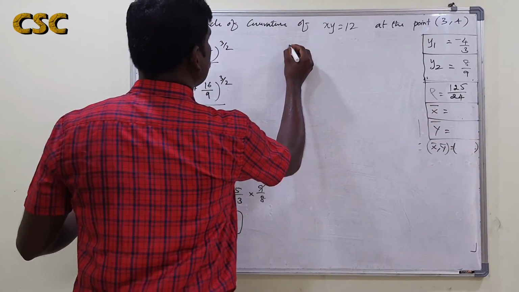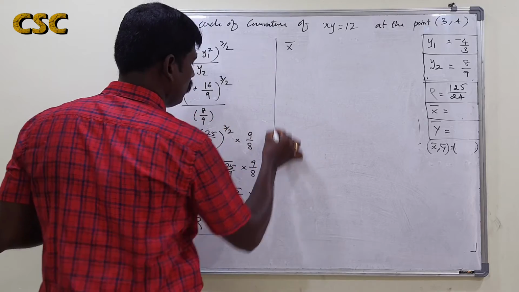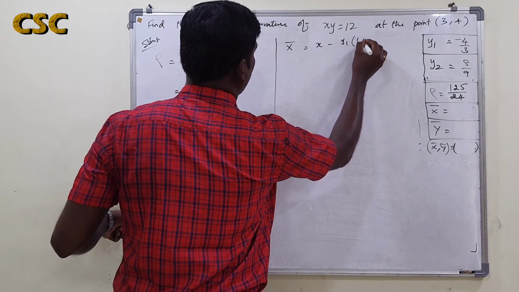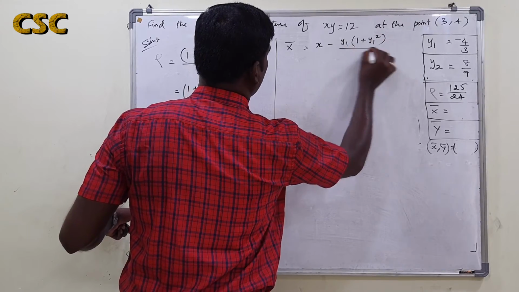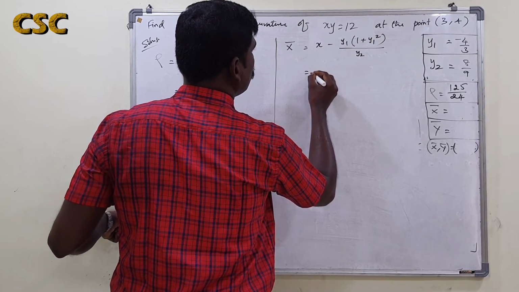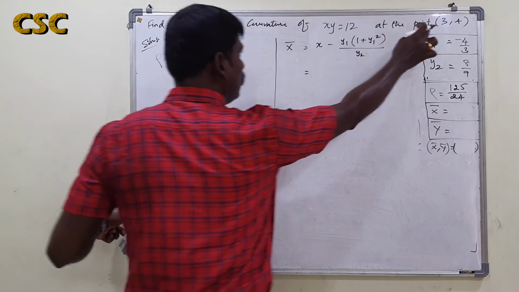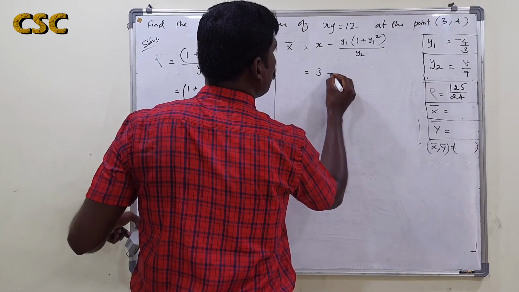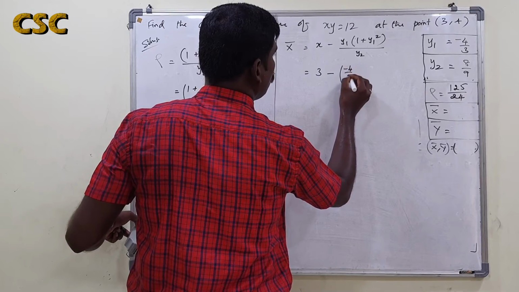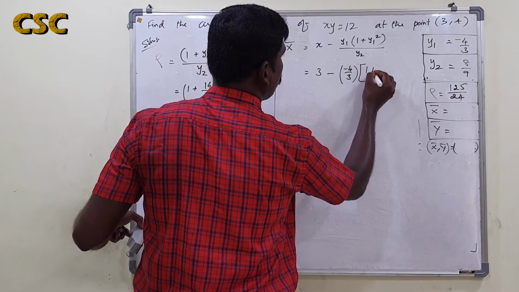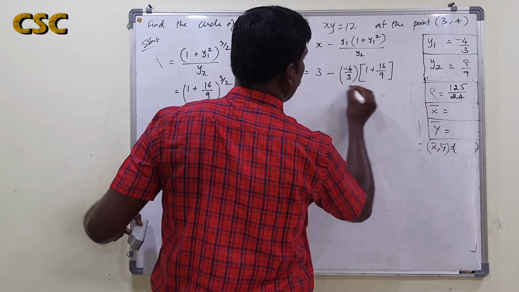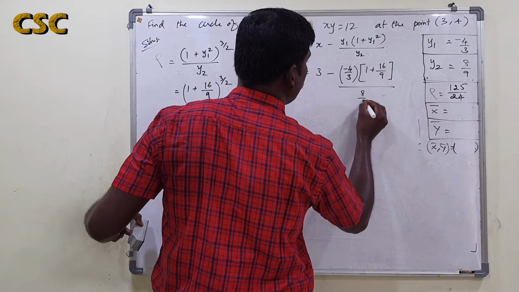Right. Then what is x bar? X bar is equal to x minus y1 into 1 plus y1 square by y2. So what is the value of x? It is 3. So 3 minus y1, which is minus 4 by 3, minus 4 by 3 into 1 plus y1 square. Square of this value is 16 by 9, divided by y2, which is 8 by 9.